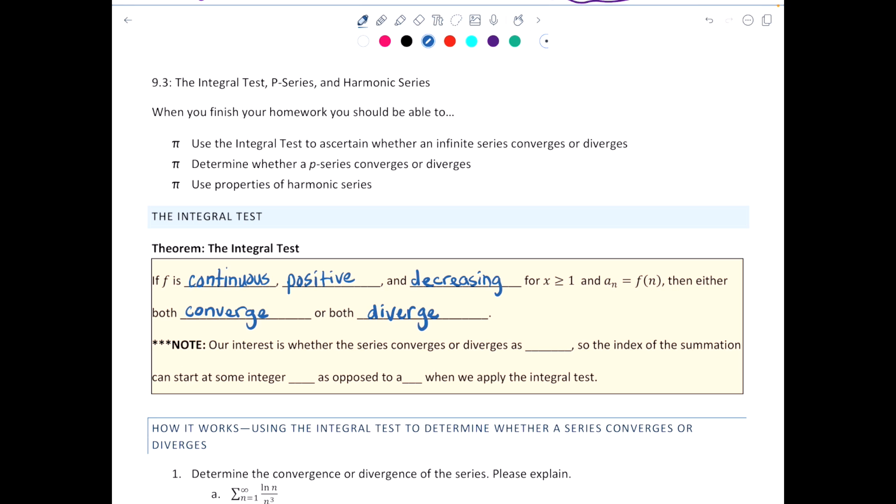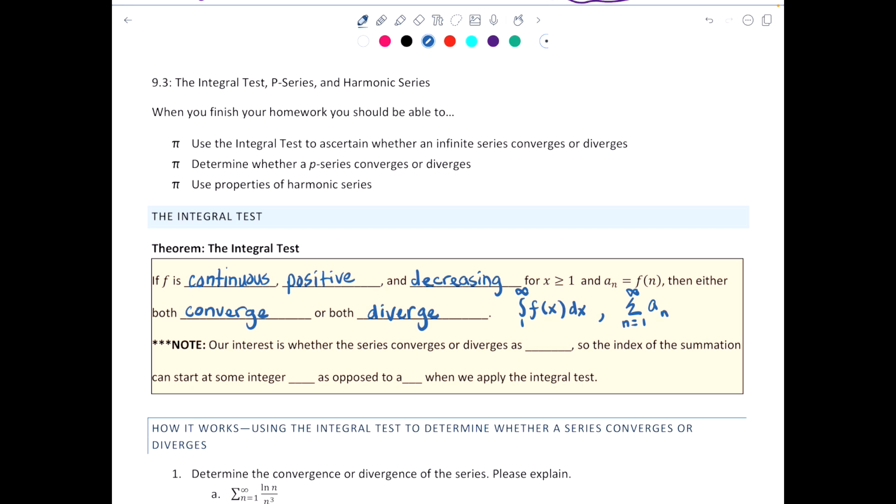And so what we do here is we use the integral from 1 to infinity of f at x dx, and we use that to test the summation from n equals 1 to infinity of a sub n.